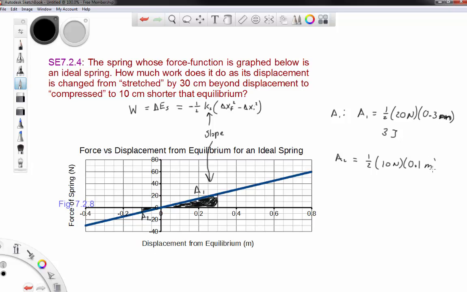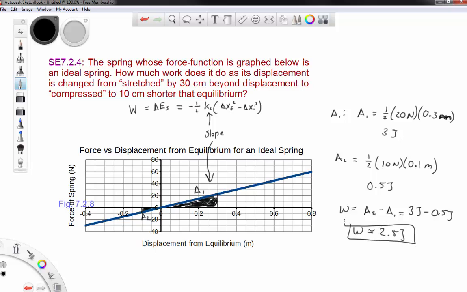It is in fact meters up here. So half of 10 times 0.1 is 0.5 joules, and so the total work is going to be area 2 minus area 1 in this case. And so that is going to be 3 joules minus 0.5 joules, and so the total work is going to be approximately 2.5 joules.